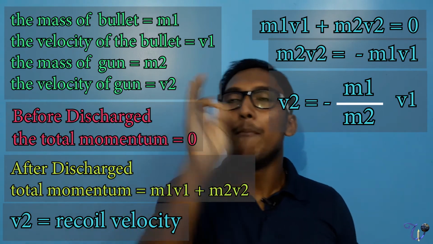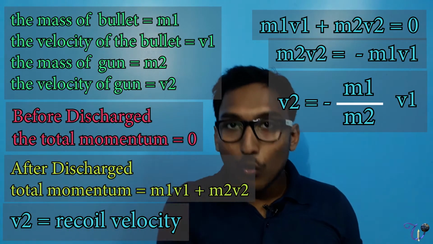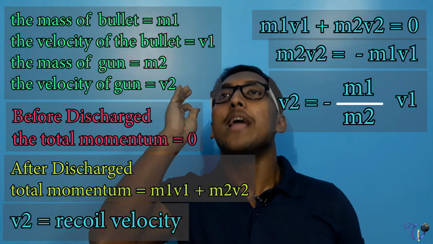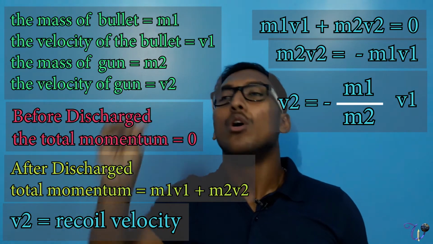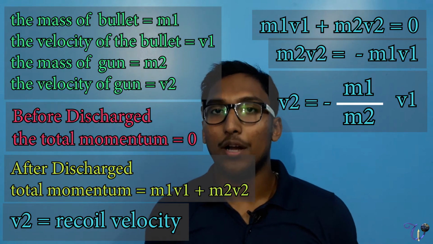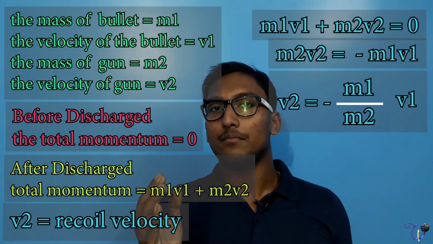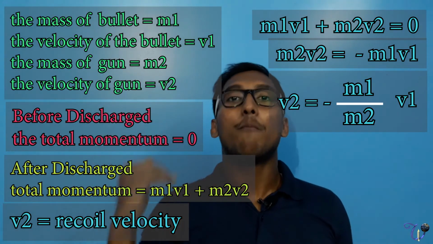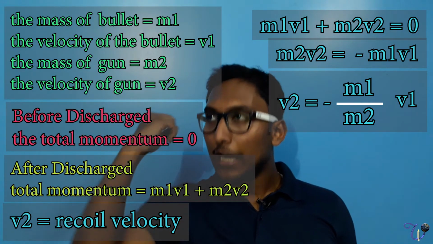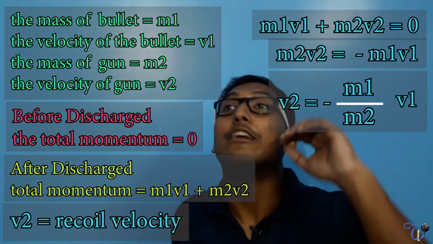Now think about it. m2 v2 is equal to minus m1 v1. So v2 is equal to minus m1 by m2 into v1. You got it? I'm repeating again: v2 is minus m1 by m2 into v1. Can you tell me the significance of this negative sign?